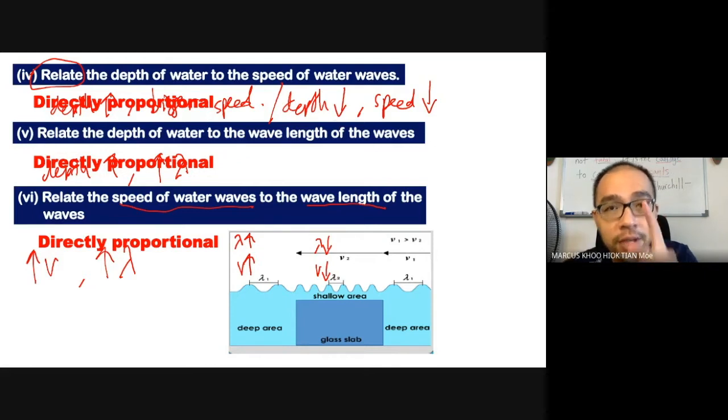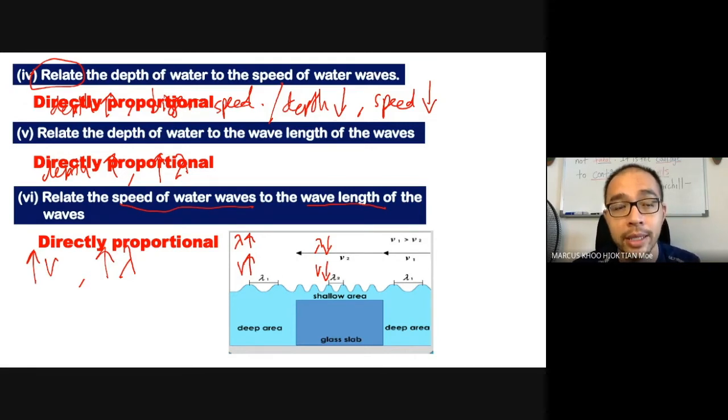So the first thing that we need to grasp, the first thing we need to understand when we're talking about refraction is that when refraction happens, the frequency is the only thing that remains the same. Whether it is in the deep area or the shallow area, the frequency is the same. The only two things that change are the speed of the wave and the wavelength of the wave.